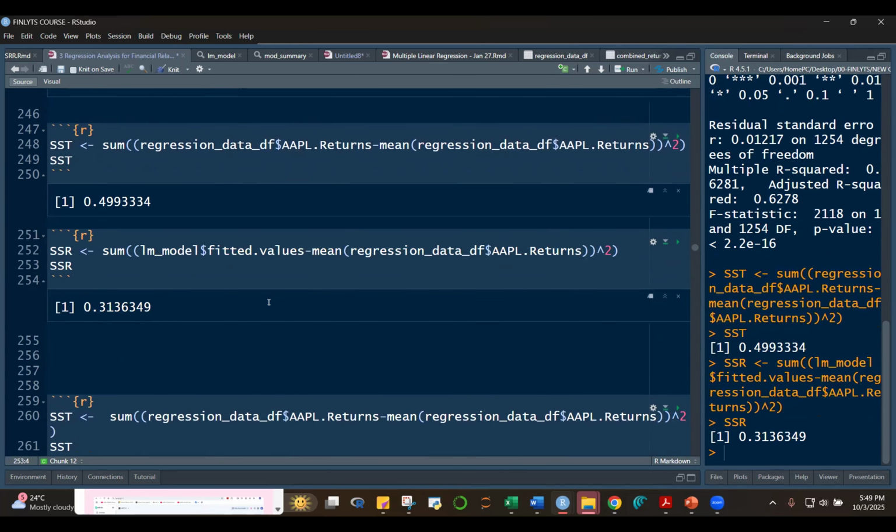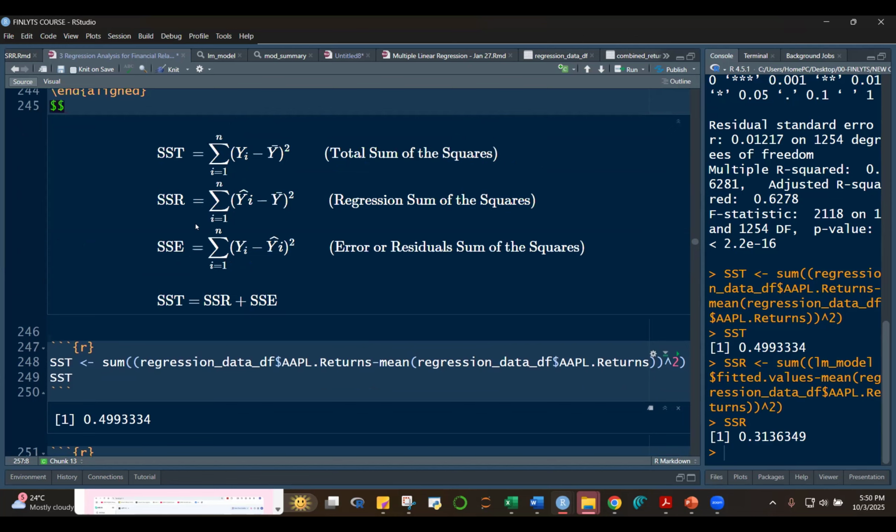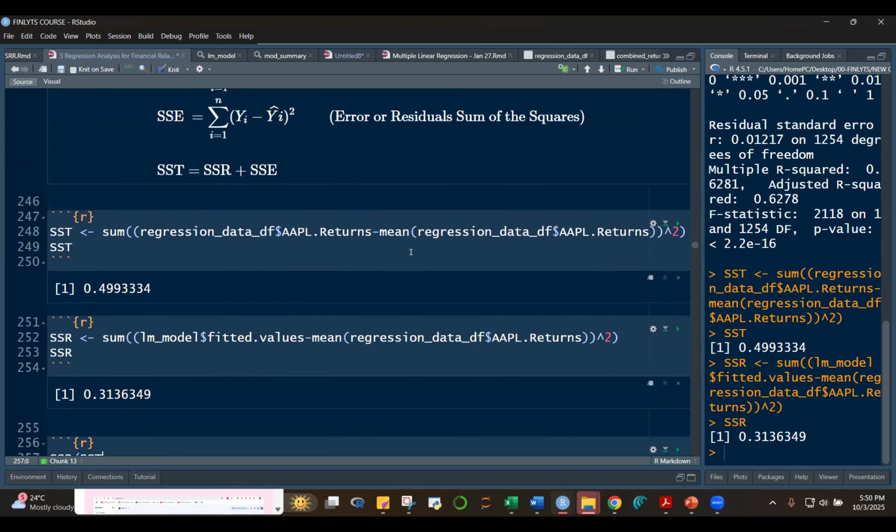So actually, we can now compute the R squared, which by definition is SSR over SST. Of the total variance, SST, what can be explained is the regression sum of squares, SSR.